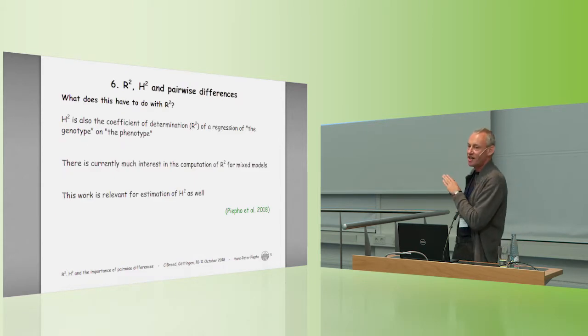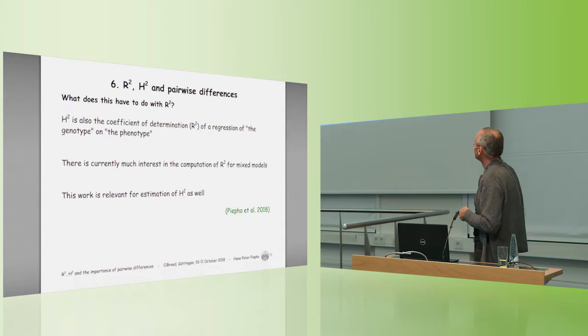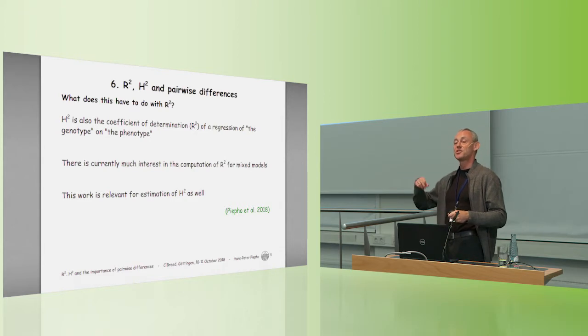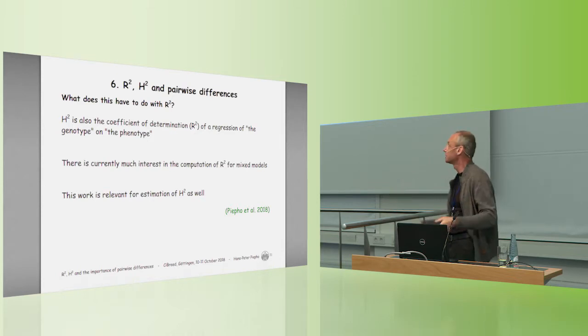I need to put in this slide just to emphasize that I'm not really going to talk a whole lot about coefficient of determination, although when I sent in the title I was very excited about that topic because I'm working on it. I just want to say that heritability has the interpretation of a coefficient of determination of a regression of the genotype on the phenotype if you do a stage-wise approach and you have the genotype means in hands and ask what proportion of the variation in my genotype means is genetic.